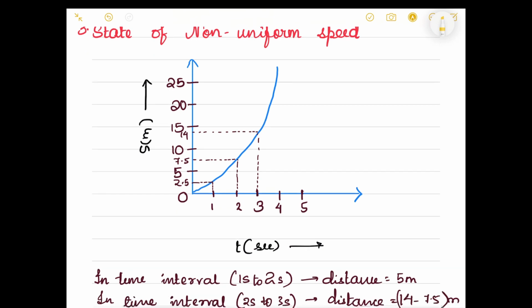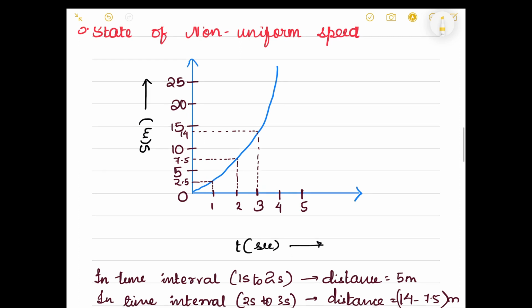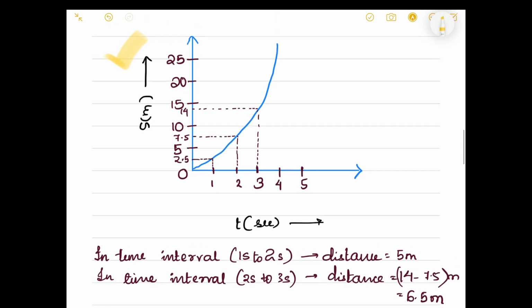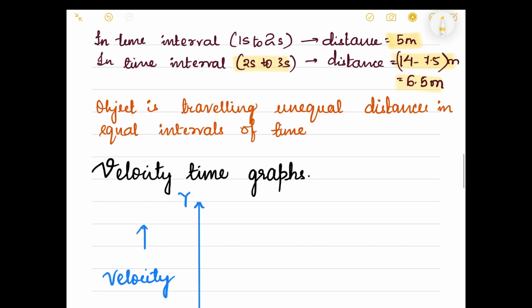If the body covers unequal distances in equal intervals of time, then the graph of the body can be represented in this way. Now, in the time interval 1 to 2 seconds, the distance can be found out from this as 5 meter. And in the time interval of 2 to 3 seconds, the distance can be found out by finding the difference in the y-axis.